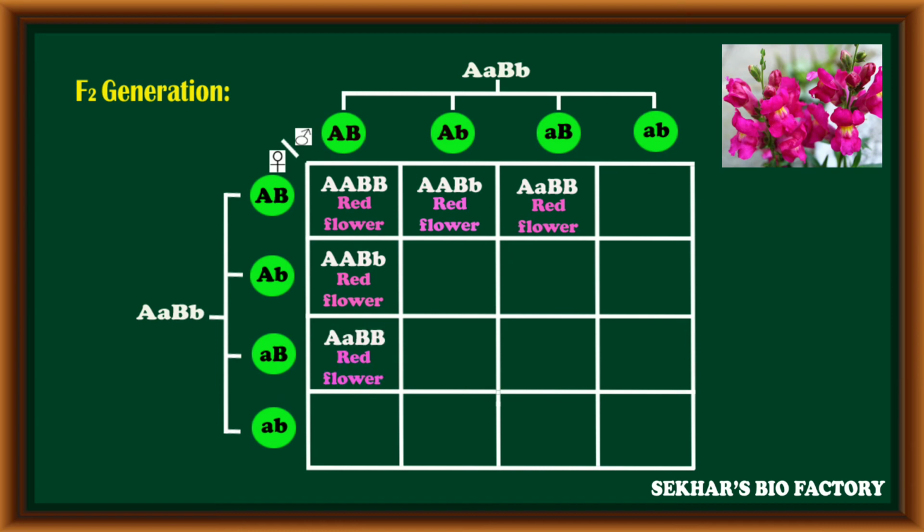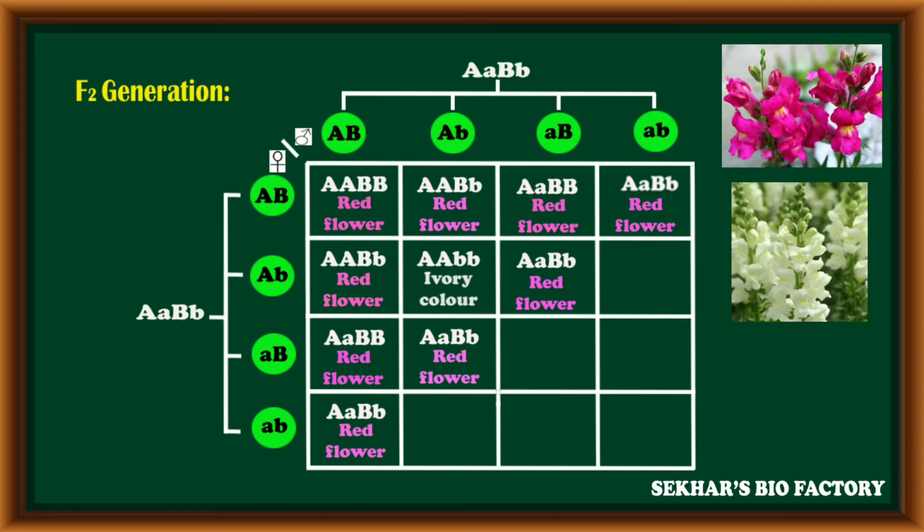The remaining four combinations are with heterozygous condition, capital A, small a, capital B, small b, and all these can express red color flowers. So out of 16 individuals, 9 offsprings have red or magenta color flowers. It is a third or new phenotypic character because of supplementary genes.